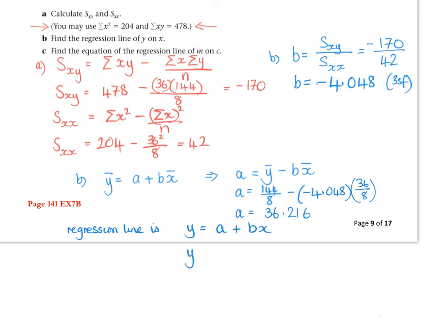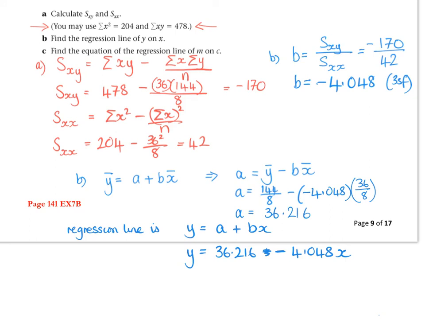So that's y equals a, which is 36.216, plus b, which is actually minus 4.048 times x. So that's our regression line for part B.